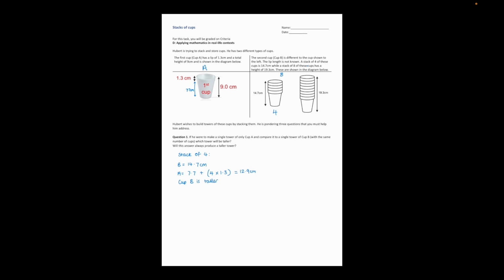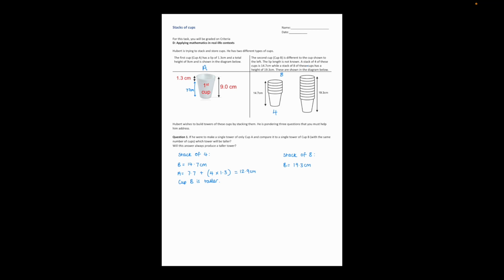Then we could do that again, but this time instead of a stack of 4, do a stack of 8, since we've also got a stack of 8 for cup B. So cup B is equal to 19.3. And again, I'm making sure to always use my units.